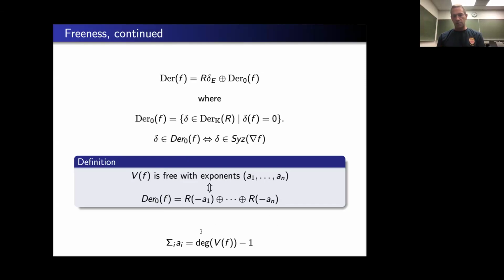It's an easy observation that these shifts, R of minus a1 through minus an, are simply going to be the degrees of the polynomials that appear in this syzygy. And since it's a syzygy on the Jacobian ideal, if F has degree d, then the sum of these ai's has to add up to the degree of the Jacobian ideal, d minus 1.